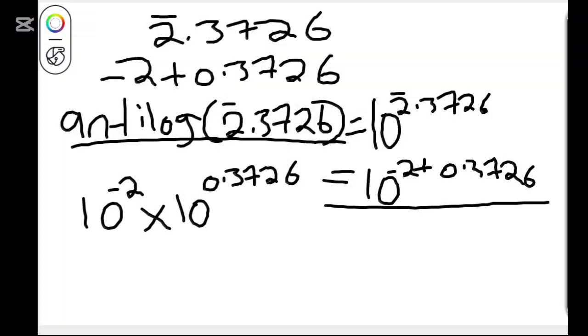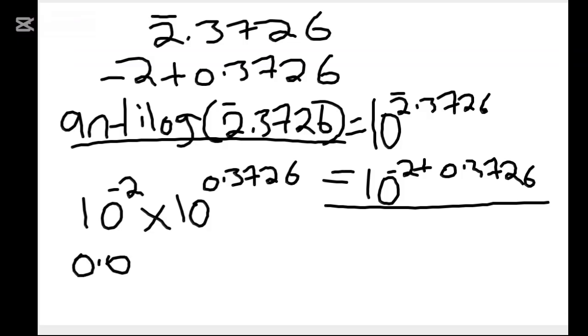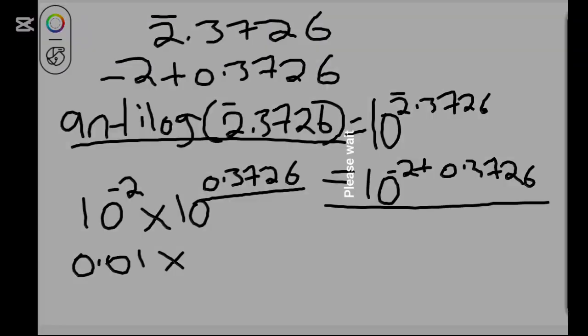So the next thing that I'm going to do is that this 10 to -2 is the same thing as 0.01, and therefore I say multiplied by 10 raised to the power of 0.3726.